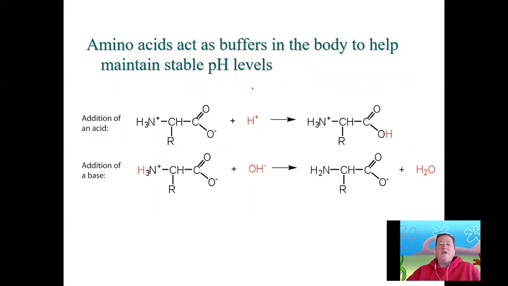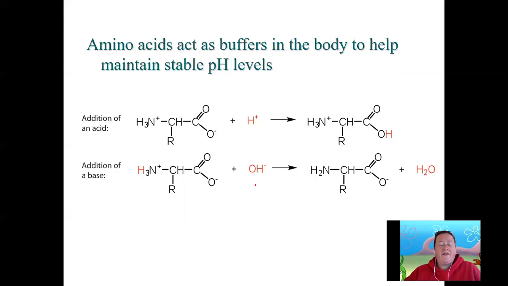So one thing that can happen is if amino acids are present and we're in an acidic environment, in order to help prevent it from becoming too acidic, this hydrogen ion can be picked up and keep a balance on that hydrogen ion concentration in solution if things are getting out of whack.